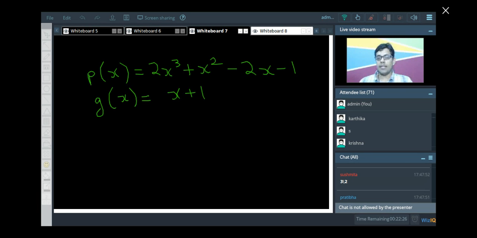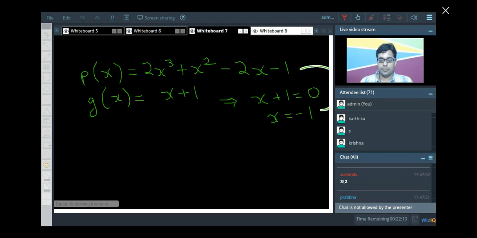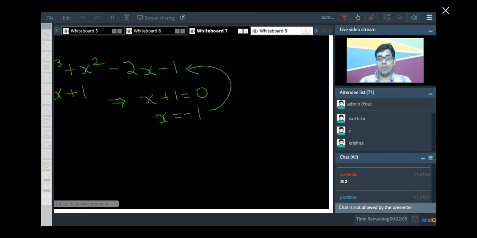We can put g(x) as 0, that is x plus 1 equals 0, and then x equals minus 1. Then this value of x we can substitute in the polynomial and check whether the polynomial comes as 0 or not.